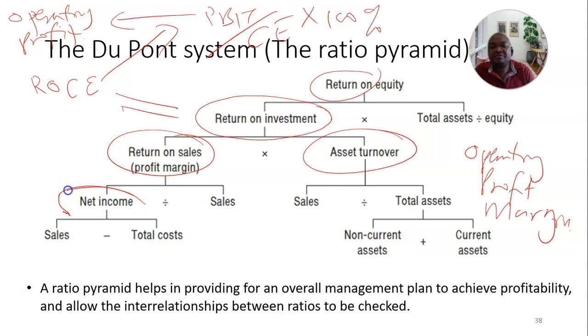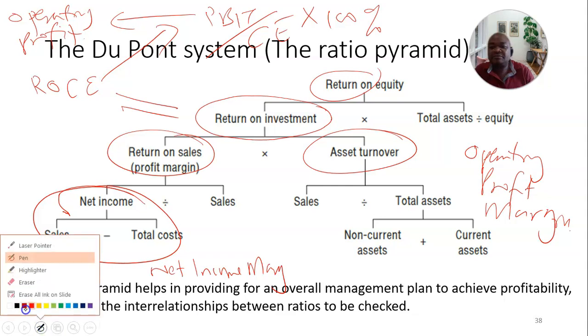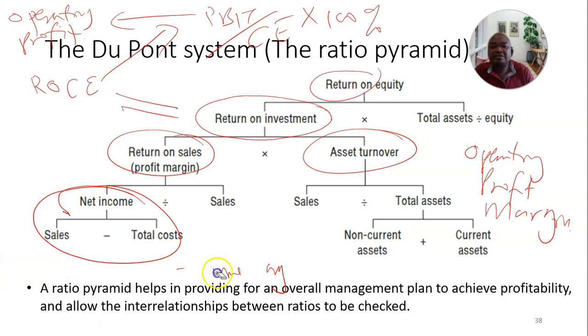All right, this is actually the net income margin, the net income margin. Sorry, let me just erase this.